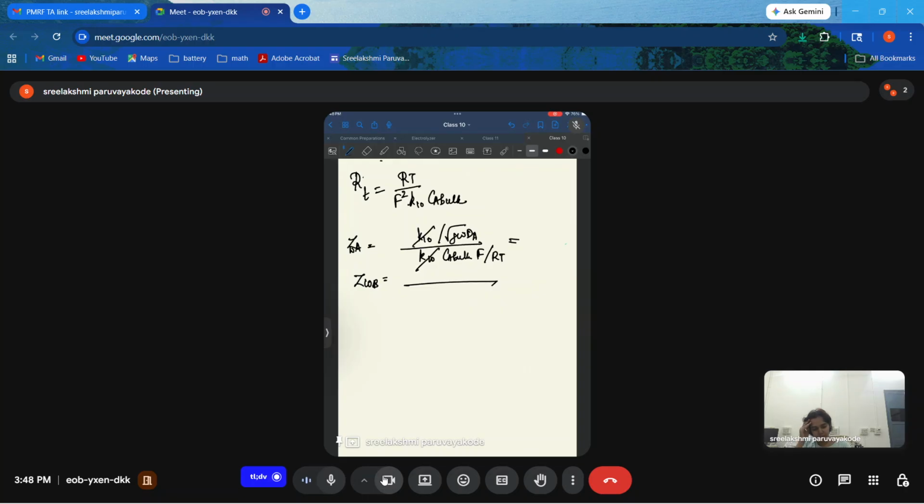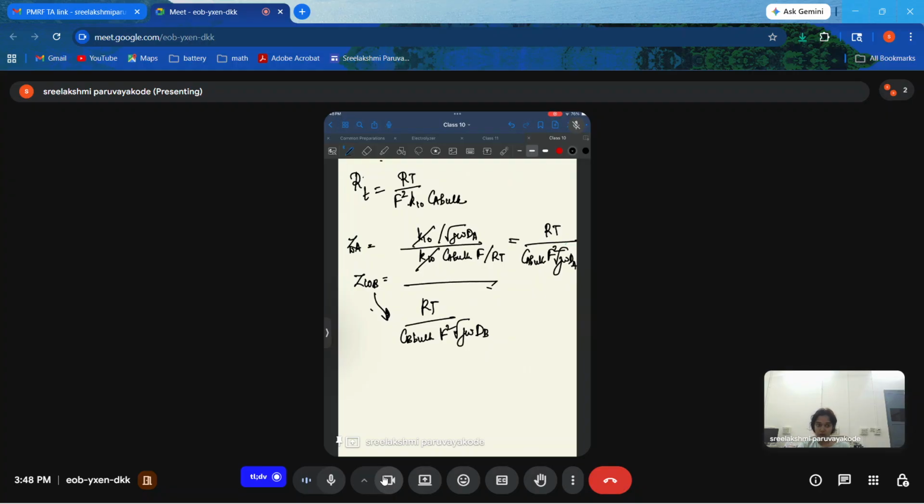Written properly, it becomes RT by CA bulk F root of J omega dA. Same way this will become RT by CB bulk F root of J omega dB. So this is how you'll be getting the expression. These expressions are needed when you're solving the problems. Don't forget there was an F square, because it is F into that denominator. So you need to have that.